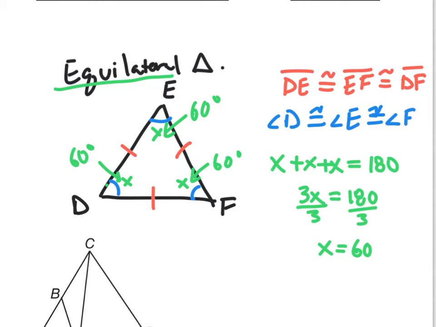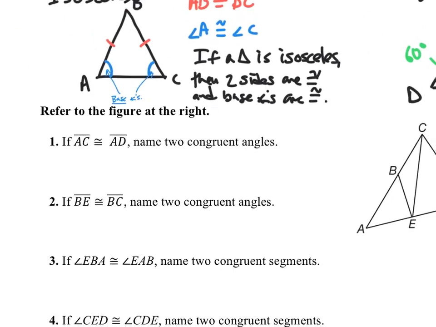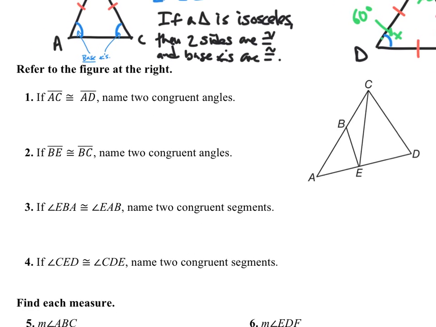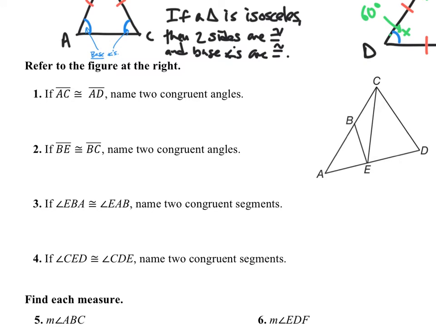Now let's go ahead and answer some questions, and it wants us to refer to this figure on the right. For the first question, if segment AC is congruent to AD, I'm going to say that segment AC is congruent to AD. It wants us to name two congruent angles.